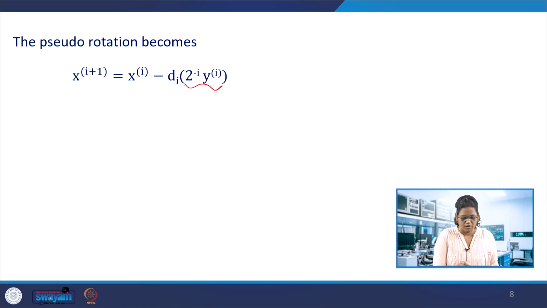So xi plus 1. To generalize the equation, suppose here i is 1, in that case it is x2, and x of i is the previous value.